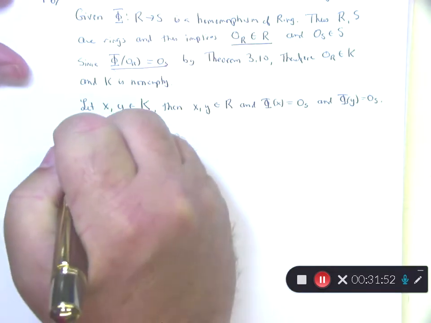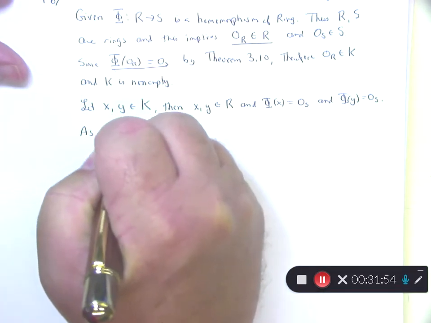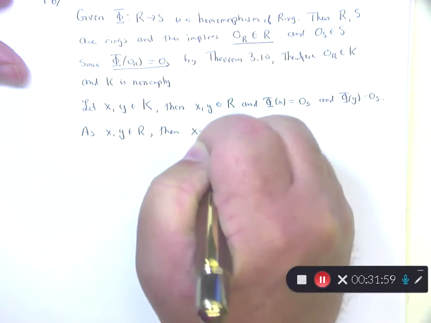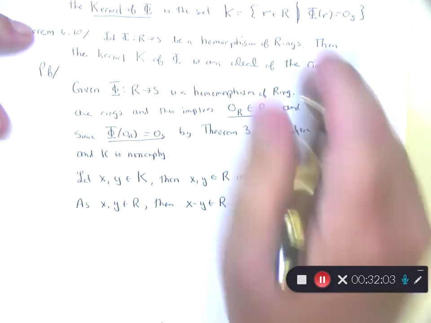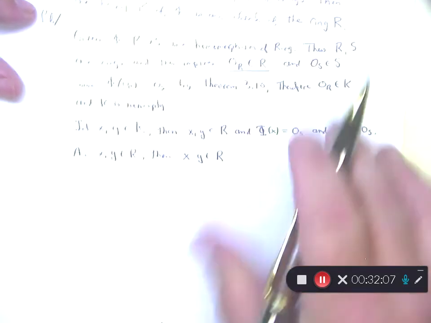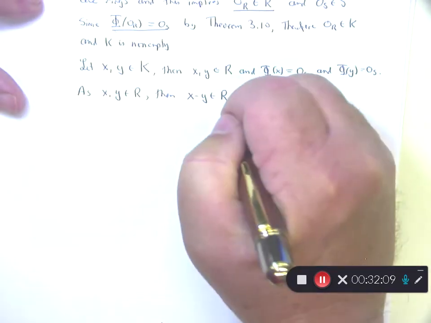Now, we have to set it up and make sure all things to be inside of K are satisfied. As x and y are elements of R, then x minus y is an element of R. That first part about the subtraction has to be satisfied, to be inside of R. Now let's talk about phi.